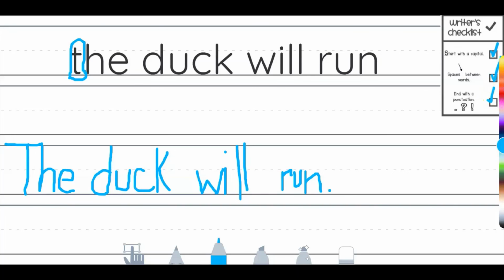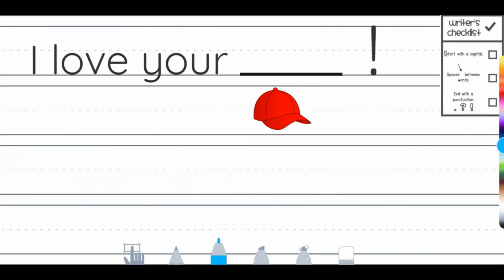All right, next sentence. In this sentence, you are going to fill in the blank. Right now, my sentence says, I love your blank. I have a capital, and I have punctuation, and I have finger spaces, but I need to fill in this blank.